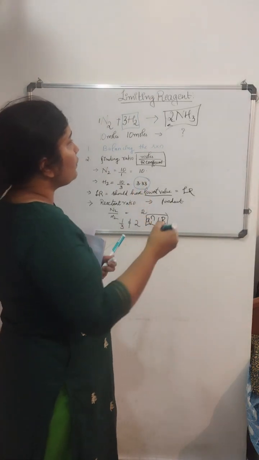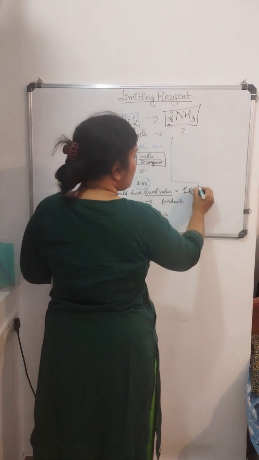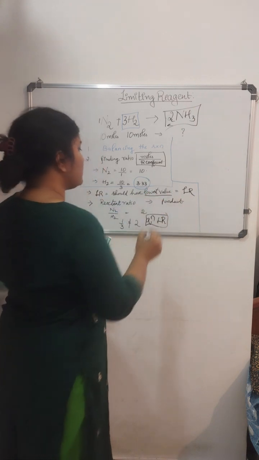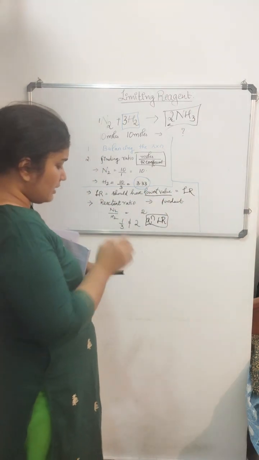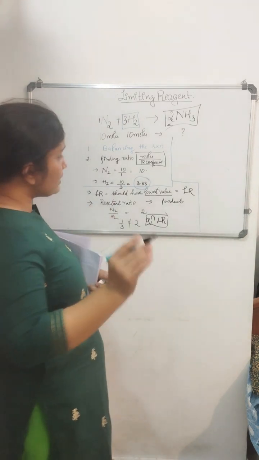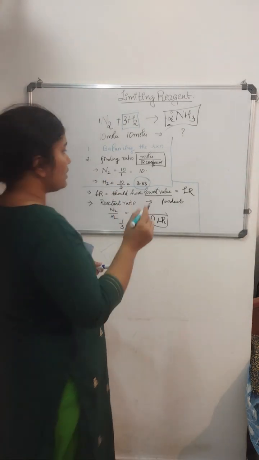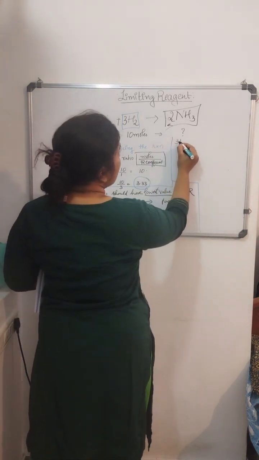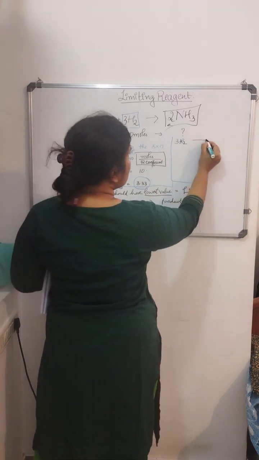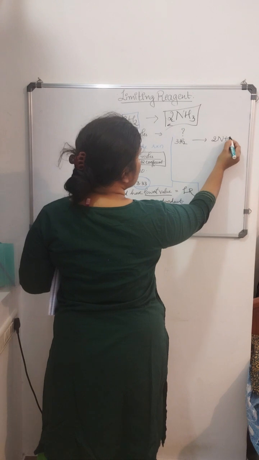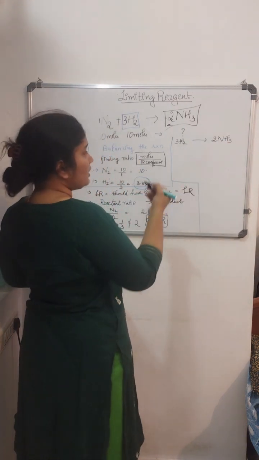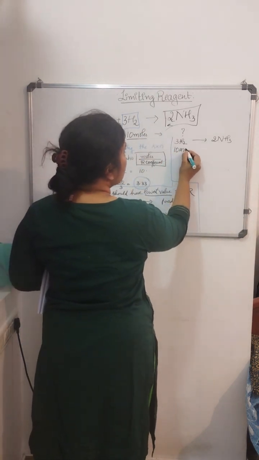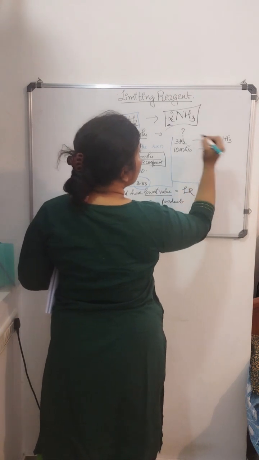Now, how to find how many moles of NH3, ammonia, are being formed. Till here the problem remains the same. We have found out the LR, that is the limiting reagent. Now taking the limiting reagent into consideration, we can solve this question like this. 3 moles of hydrogen, from the balanced chemical equation, gives me 2 moles of NH3. Now according to the question, I have 10 moles of hydrogen. 10 moles of hydrogen gives me how much NH3?